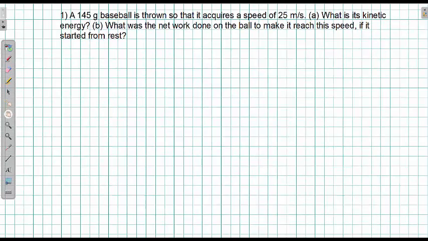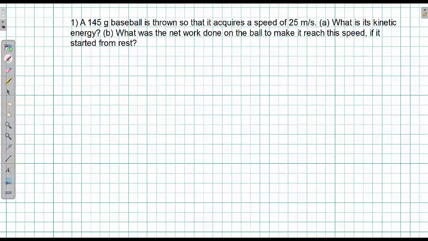So the first problem, the first assignment, is a 145-gram baseball that is thrown such that it acquires a speed of 25 meters per second. First question is, what is its kinetic energy? Second question is, what was the net work done on the ball to make it reach that speed if it started from rest? Well, the first question's pretty easy. Your kinetic energy is going to equal 1/2 mass velocity squared.